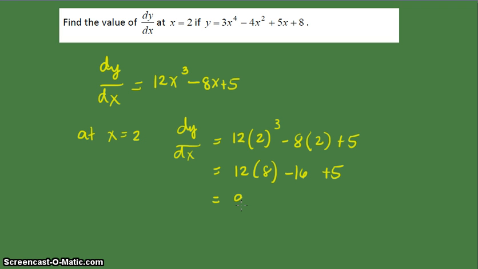This is equal to 96 minus 16 plus 5, which is equal to 80 plus 5. Therefore, this is equal to 85. So whenever you are asked to find the derivative at a particular value, simply get the derivative and substitute that value of x into the derivative, and that's it.